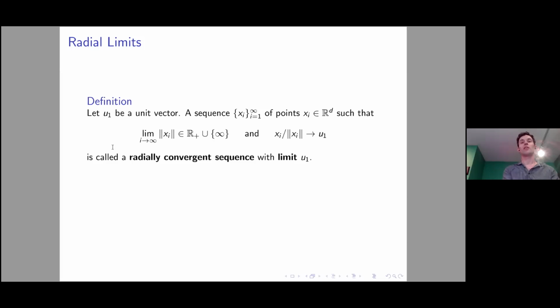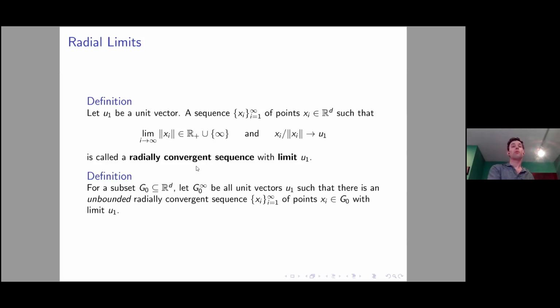Let's say we have a unit vector, and if we have a sequence of points, we're going to say that it's radially convergent with this unit vector as a limit, provided that if we normalize these points, they of course have to be non-zero, then those corresponding unit vectors tend on the unit sphere towards this unit vector. Of course, it's a compact metric space, so such sequences are going to exist. And we have this little other condition here, which is mostly there for convenience, because we're mostly going to use this notion of radial limit to define the set G0 infinity.